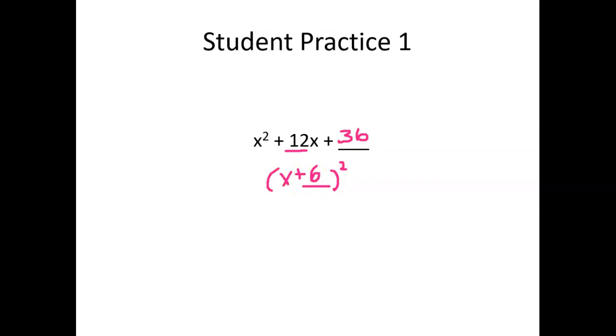Now I want to give you one more problem to do from the beginning. I'm going to do one, and then I'm going to let you try one. Let's say that we had x squared minus 4x plus blank.